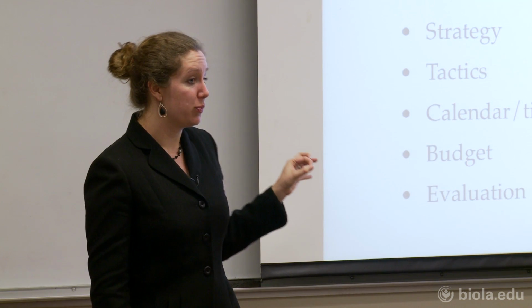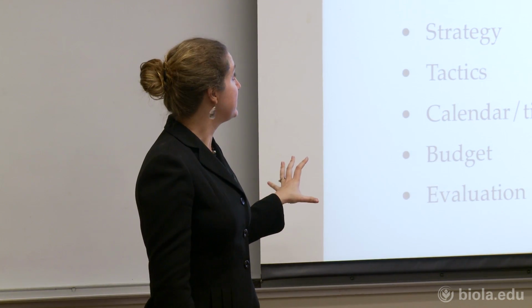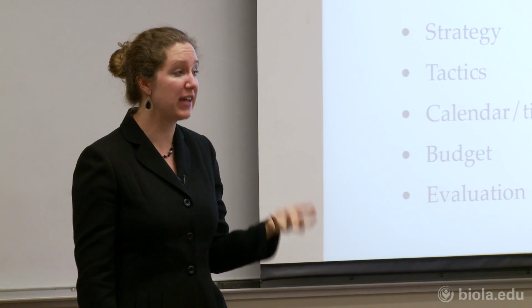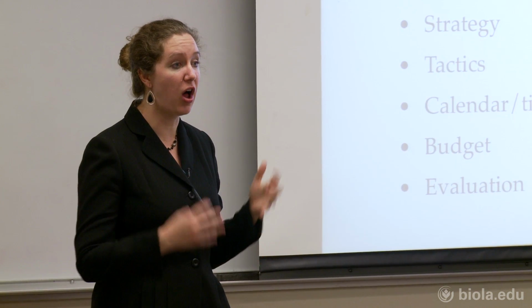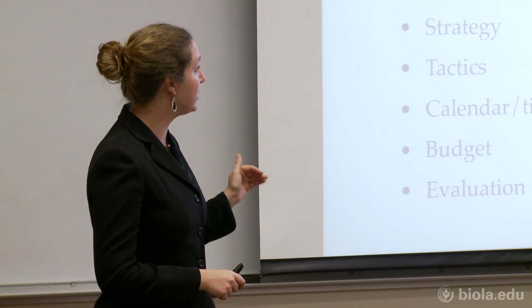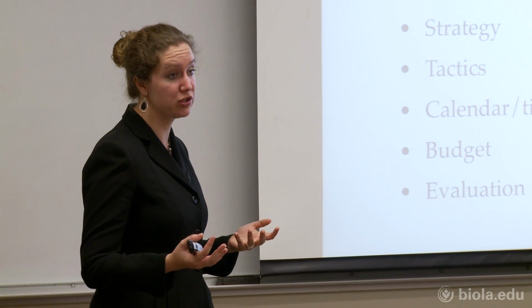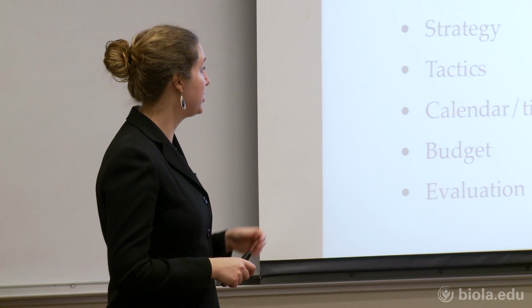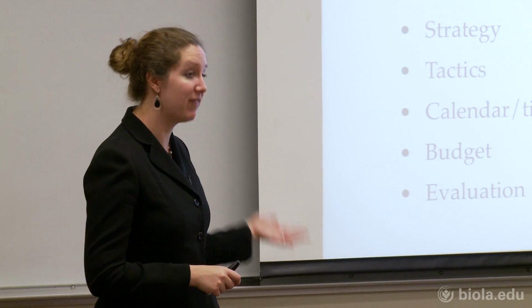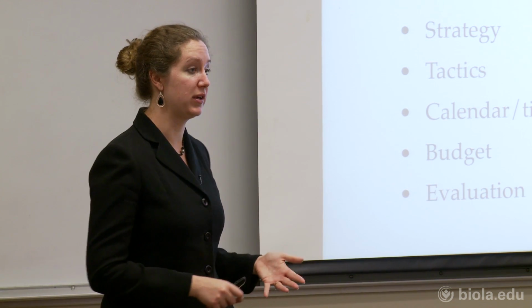So the elements of a program plan, you will want to memorize this. There are 8 parts to it. You have a situation, which is essentially identified through your research. You did all of that background to identify the situation. You're going to have objectives, an audience, which will usually have multiple audiences, strategies, tactics, a calendar and timetable, budget, and evaluation. Those are the components.